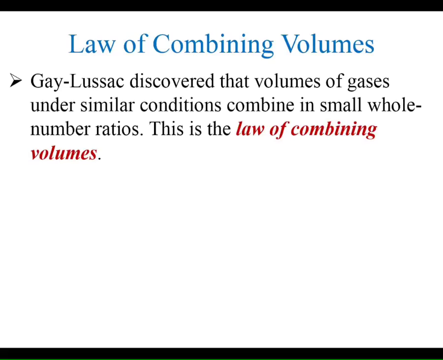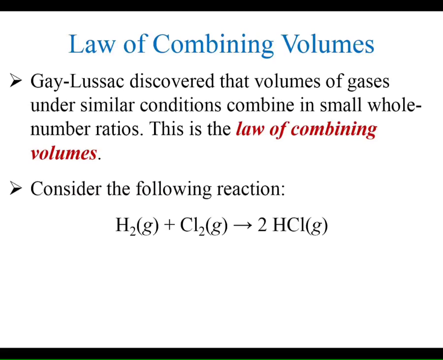Another thing that our buddy Gay-Lussac did was he realized that when you combine gases under the same conditions, the same temperature, the same pressure and such, they always combine in small whole number ratios, like 1 to 2, or 1 to 3. For example, hydrogen gas with chlorine gas combining to make hydrogen chloride gas.